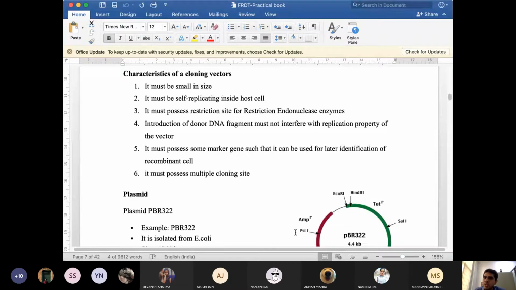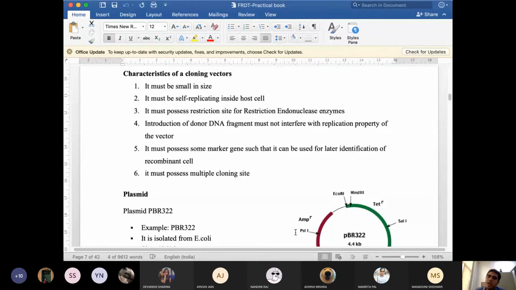Now, as you may know, we have talked about types of enzymes. First is the restriction endonuclease, whose job is producing a cut. Second are the ligases, whose job is to join. After producing a restriction cut, you can put in your segment of interest and add the ligase, which is going to reseal it.